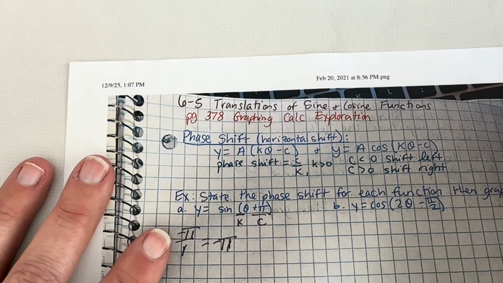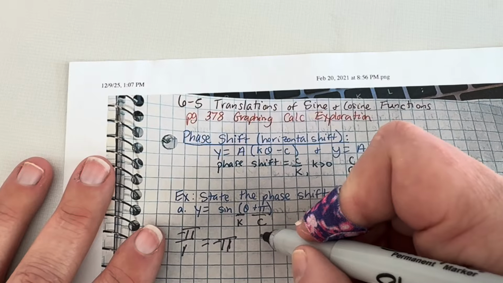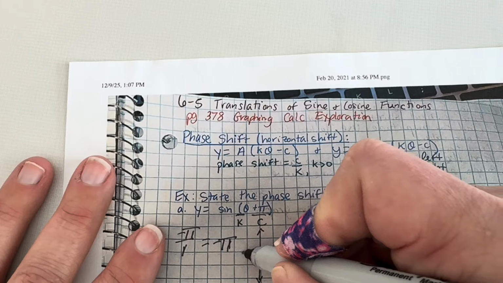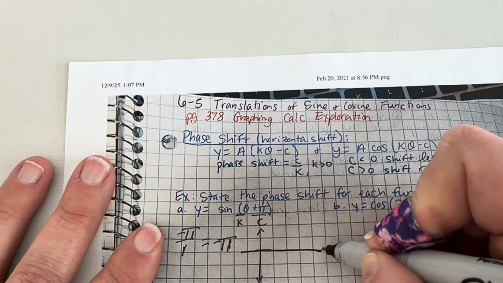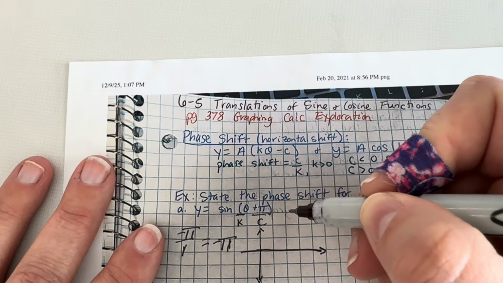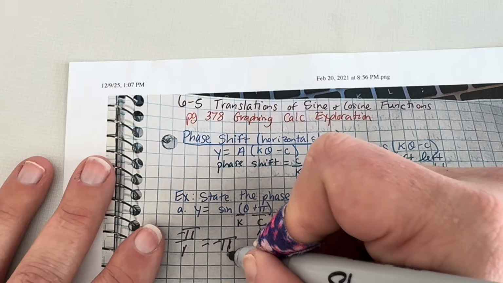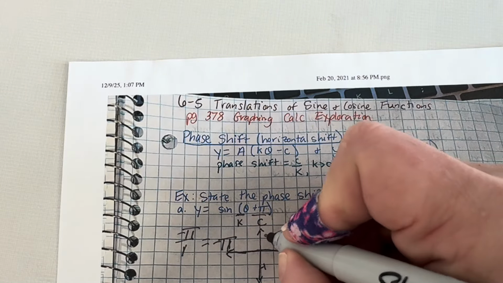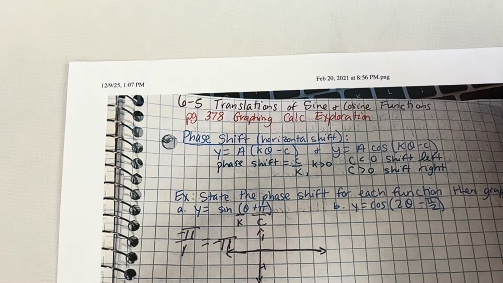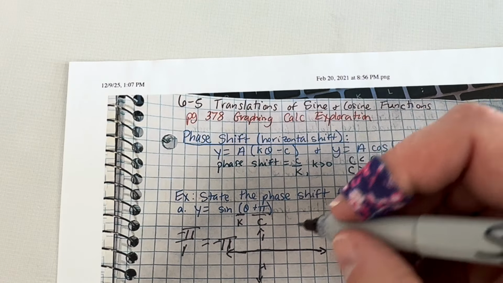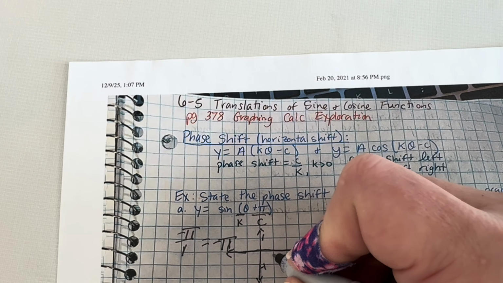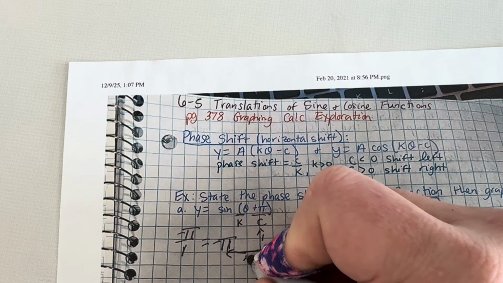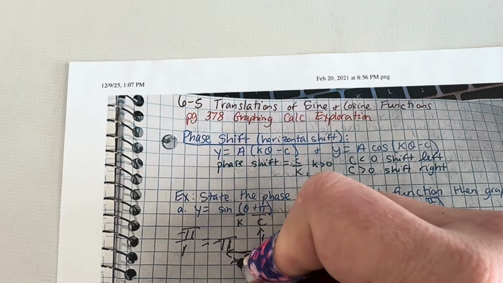I'm realizing now I'm supposed to graph it and I didn't leave myself room. So we'll squeeze it in right here. Okay, so there we go. Here's our graph here. I got negative 1, 1. My normal sine graph goes by pi over 2. So this would be negative pi over 2, negative pi.